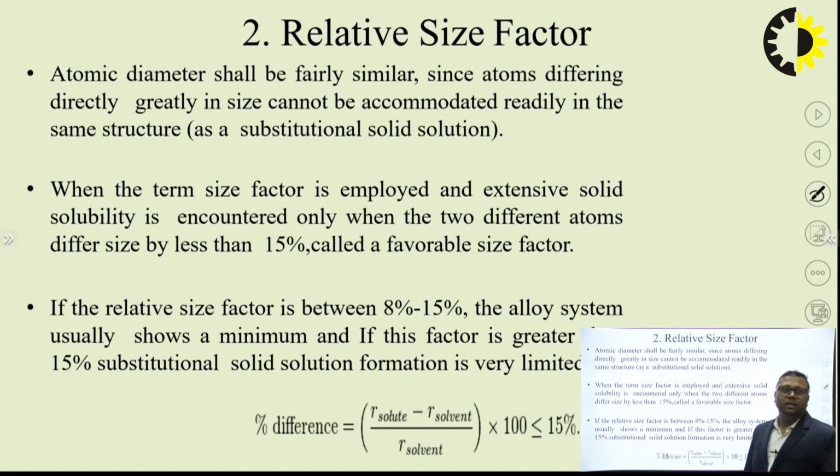Second is the relative size factor: the two materials which we are going to join to form an alloy should have an atomic size difference not greater than 15%. It should be less than 15%. Then only we can say that the two elements can form an alloy.